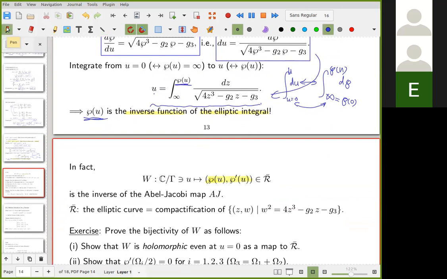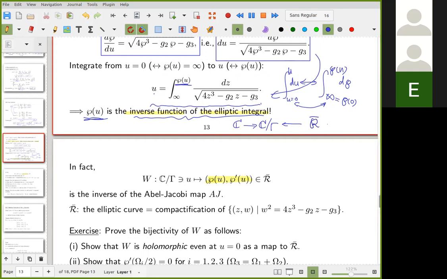Recall that when we considered the inverse function of the elliptic integral, we considered in this way. This is some projection.